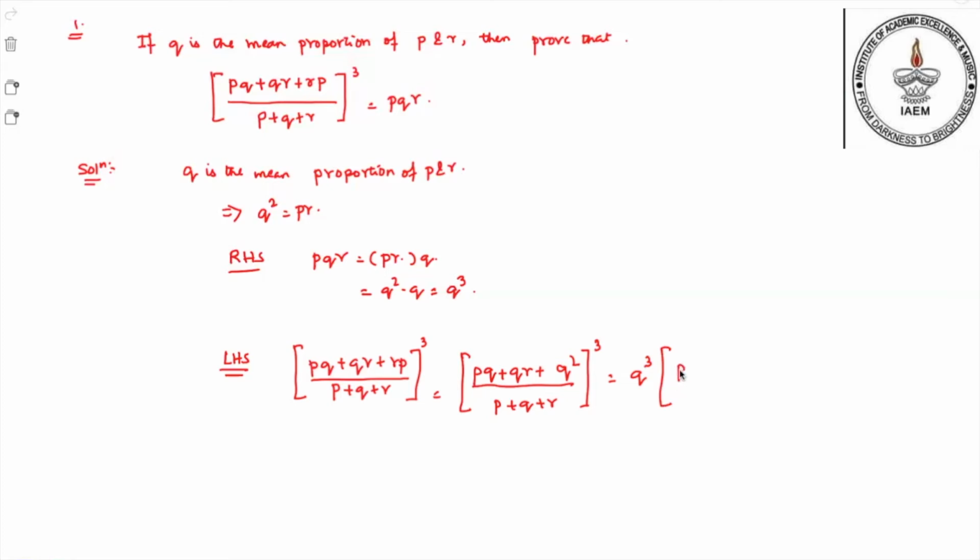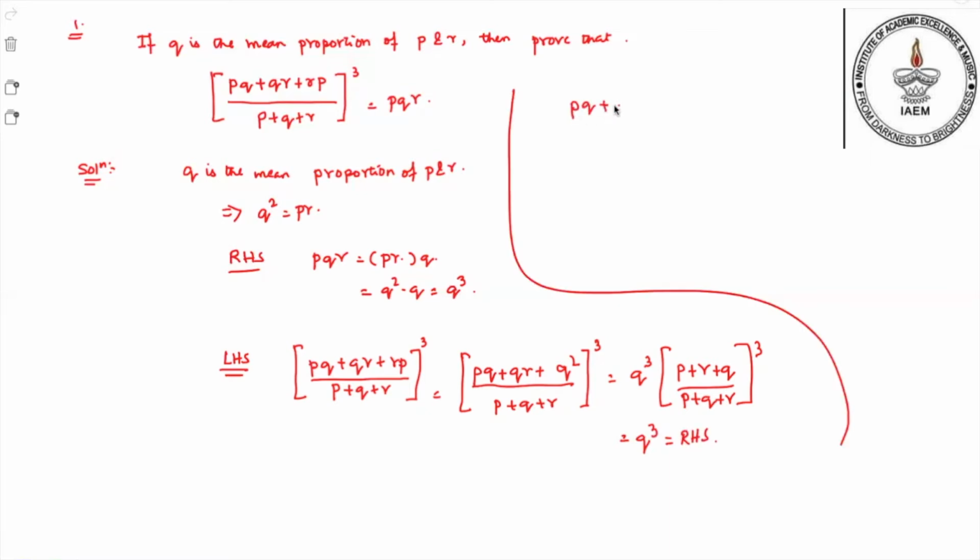We are left with P plus R plus Q divided by P plus Q plus R whole cube.